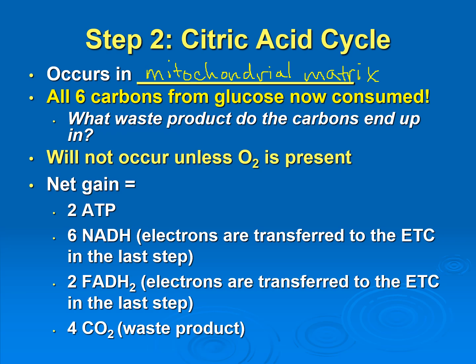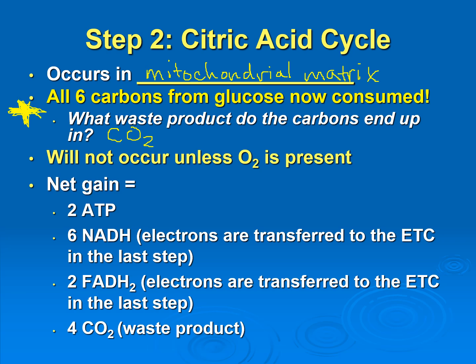In this step, all 6 carbons from the glucose will, by this point, be turned into a waste product, and that waste product is carbon dioxide, which we will then exhale.